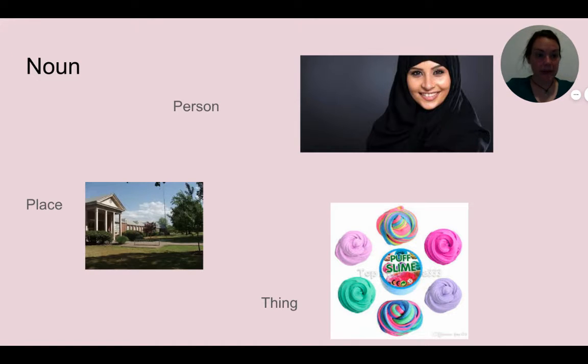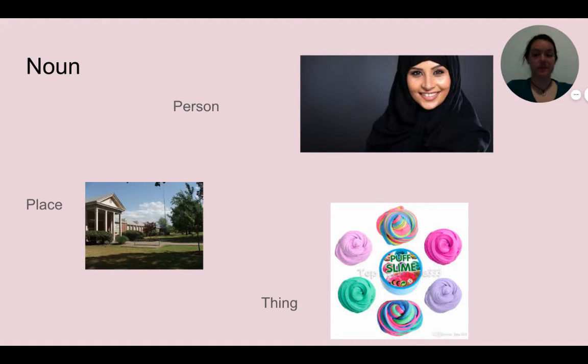So before we begin our OUS and US endings, one thing I have to review with you guys is what a noun is. So a noun is a person. So a person could be a boy or girl. So I'm a person, Miss Sherman's a person, Miss Dabbs is a person, Miss Shevitz is a person, you're a person, your mom and dad is a person, your cousins are people.